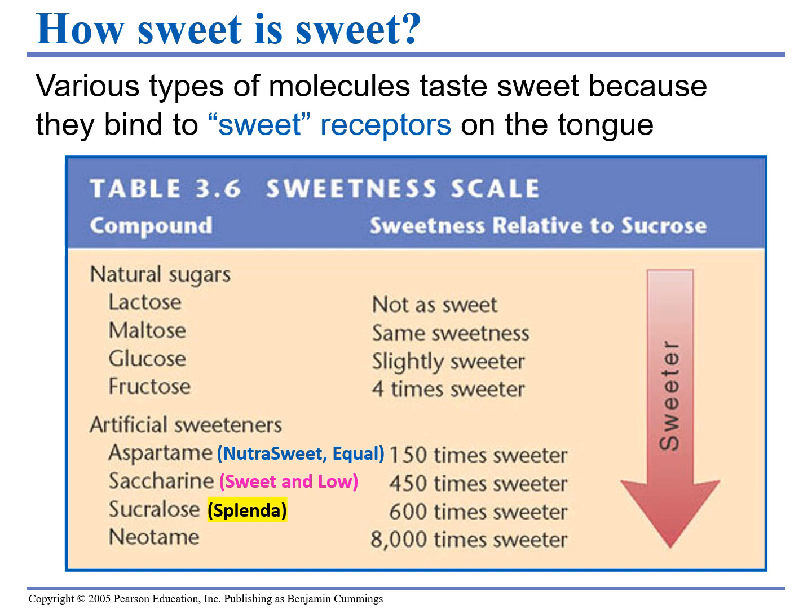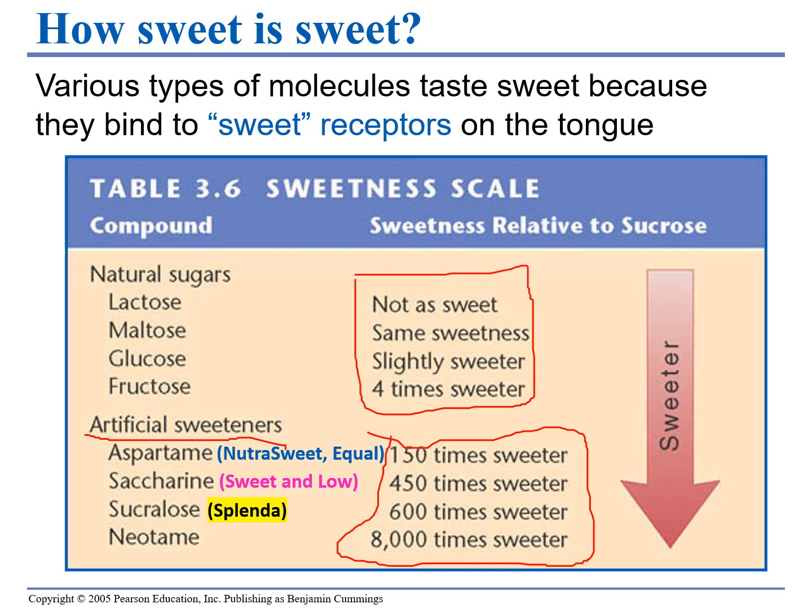So we notice here that the numbers for artificial sweeteners, the sweetness relative to sucrose, are large compared to our natural sweeteners. So you'll often find these in things that need a substitute for sugar, for example, Diet Pepsi, things like that.